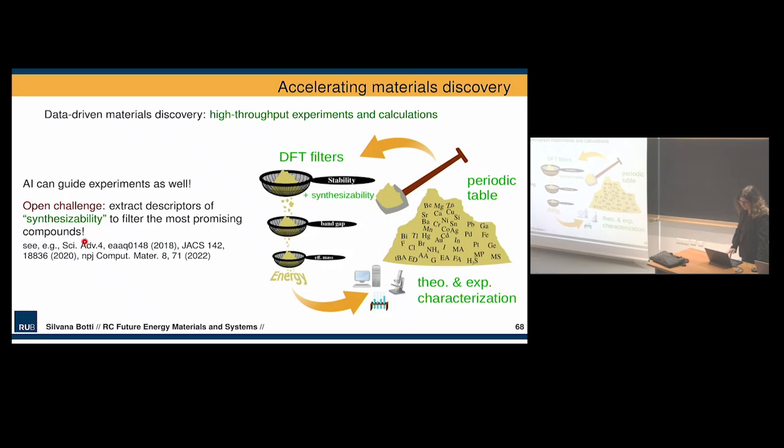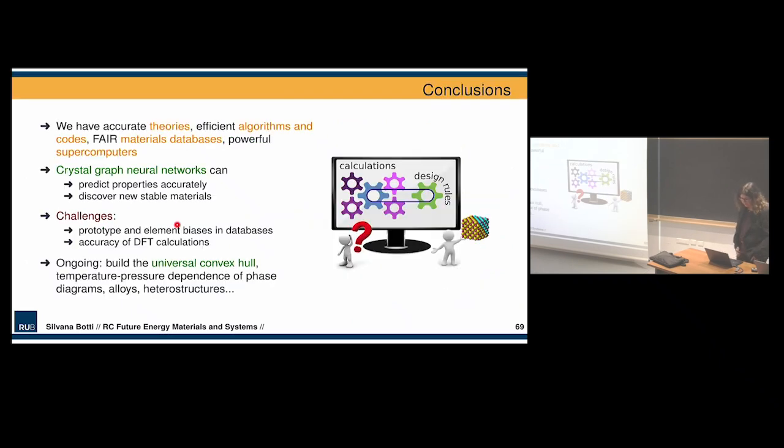And then, of course, an open problem is that the fact that something is thermodynamically stable doesn't mean that it can be made experimentally. There are some descriptors for synthesizability coming out, in particular from experimental data, but there is still some work to do on that.